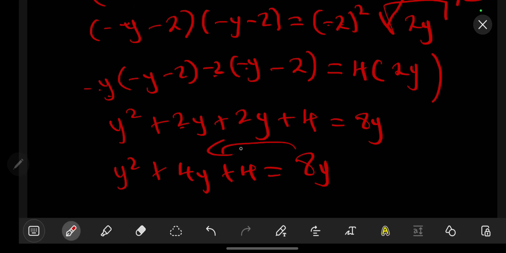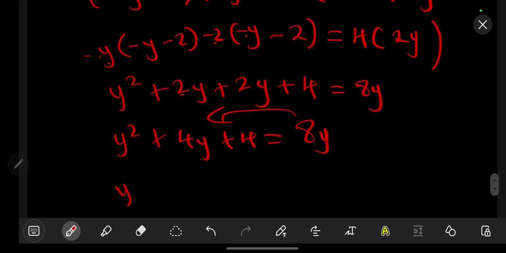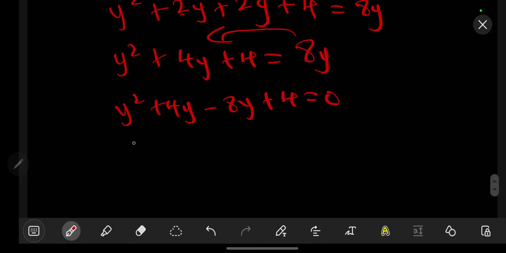We take the 8y this side, we are going to get a y squared plus our 4y, then we have minus 8y plus our 4 should be equal to 0. So this gives us a value that is equivalent to, factorizing in parts, we are going to have a y.